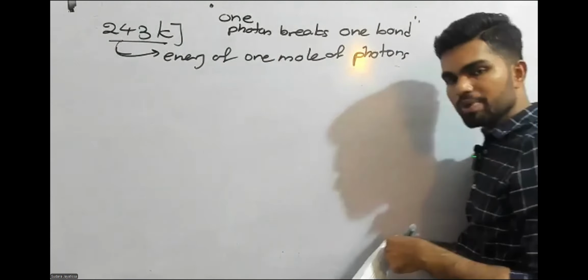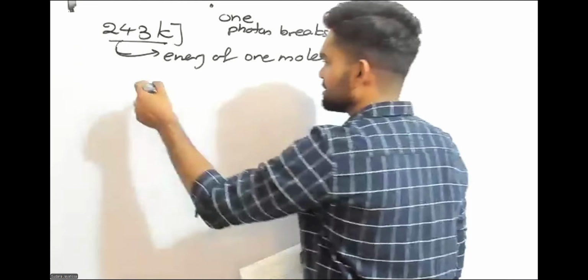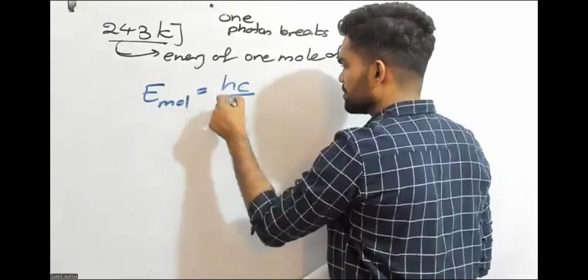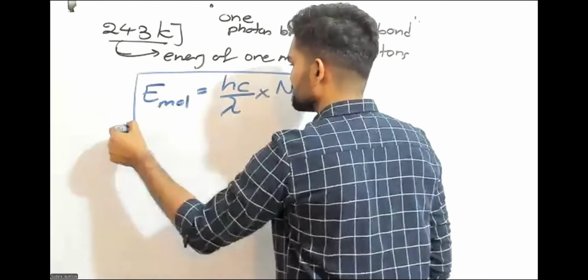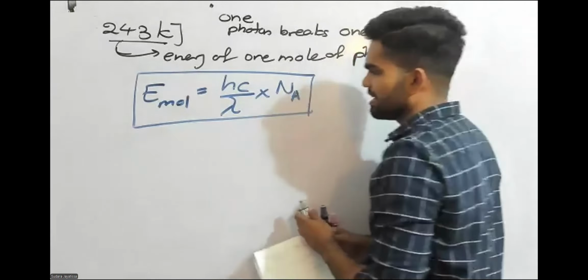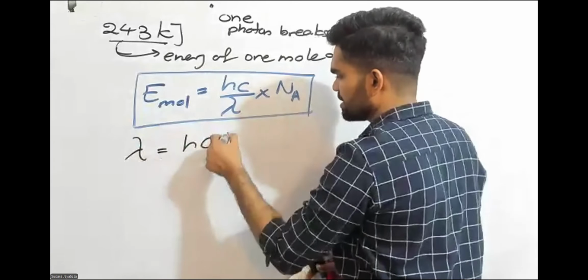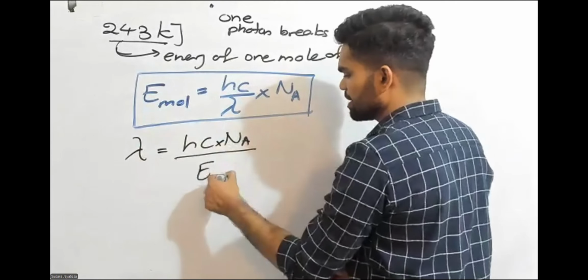We have a formula for energy of 1 mole of photons. Remember, we have this formula: E mole equals hc over lambda into Avogadro constant. We can use this one to find the answer. Okay, so what we need is lambda, wavelength. So we can make that the subject: hc into N_A, divided by energy of 1 mole.